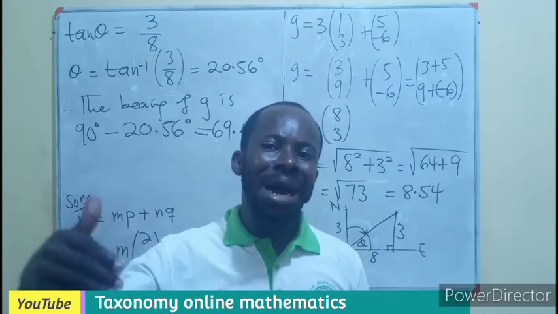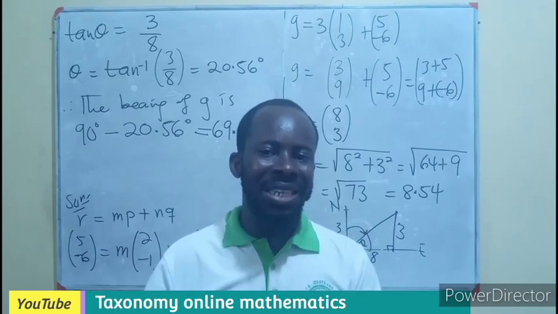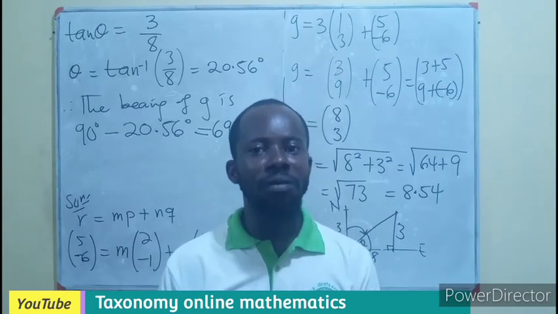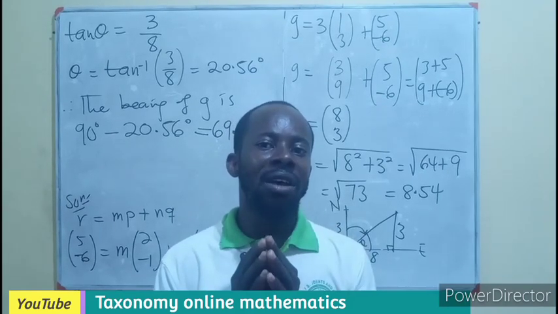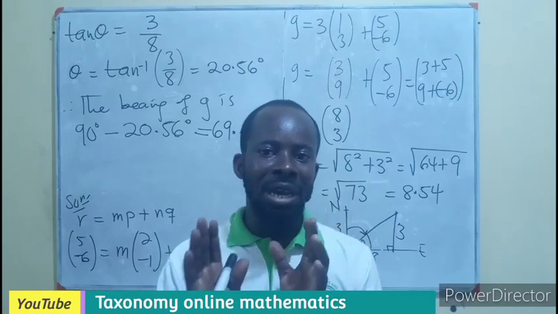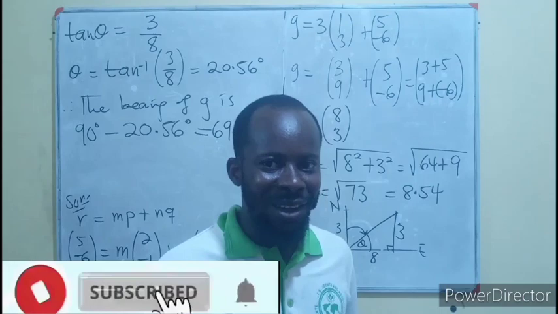We learn how to find the magnitude of a vector and also finding the direction, which is the bearing of the vector. I believe this question encompasses a lot, and if you're able to grab the concept, you should be able to do a lot of questions under vectors.